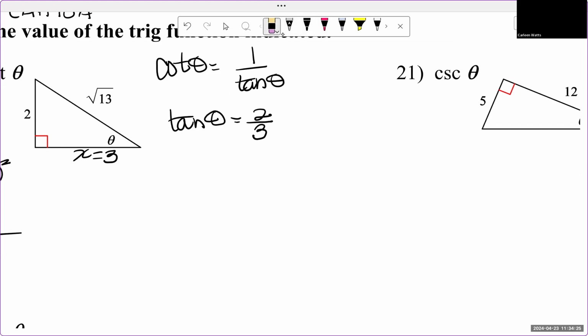I'm not finding the inverse. Sorry. Reciprocal. That means cotangent of theta is 3/2. Cotangent is the reciprocal of tangent. Number 21.